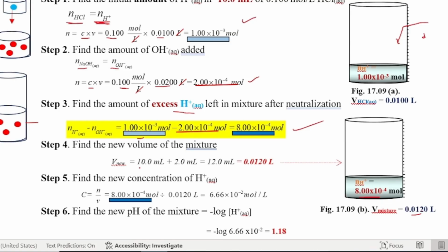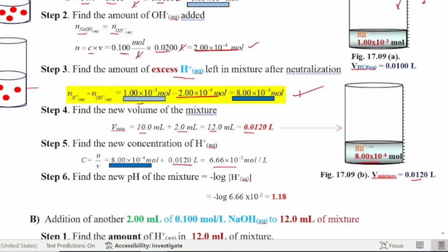So look, initially you had 10 milliliters, and you're adding 2 milliliters of your sodium hydroxide. So the final volume is equal to 12 milliliters, which translates into that, okay? We know the final number of moles of hydrogen that's inside here, which is this. We do concentration equal to n over V: this divided by the new volume here. And this is the new concentration of your hydrogen ions. You do a negative log of that and you get that.